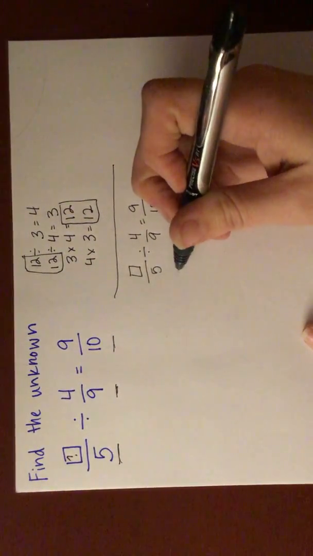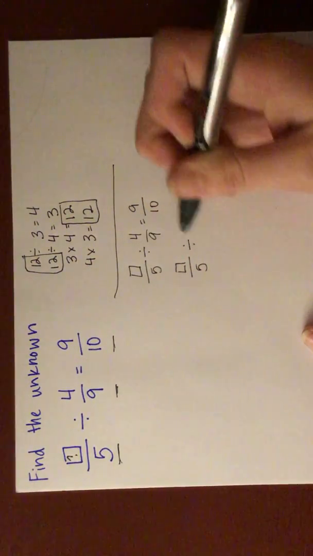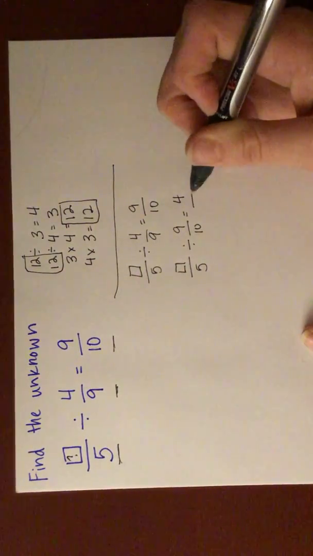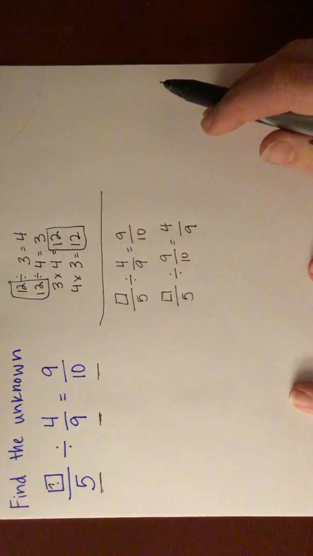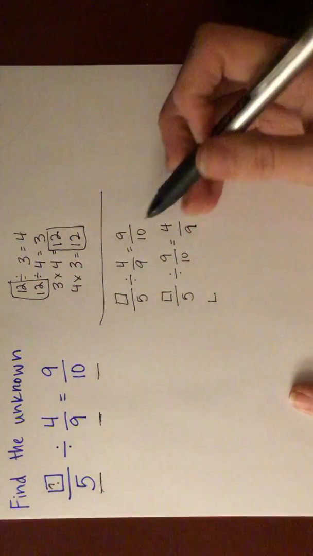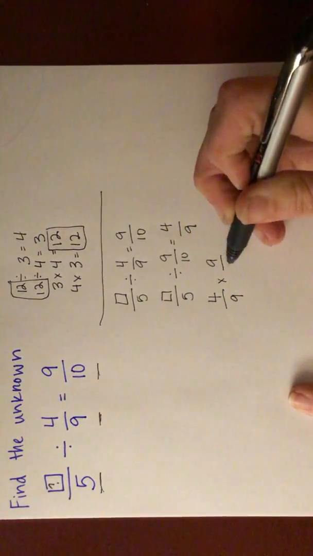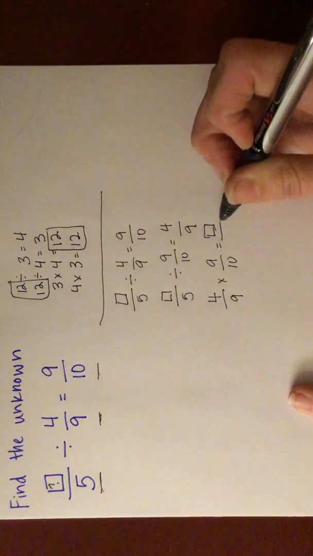The next thing in my fact family could be something over 5 divided by, and I can switch these, 9/10 equals 4 ninths. And then I'm going to go the multiplication route, which is going to be 4 ninths times 9/10 equals something over 5.